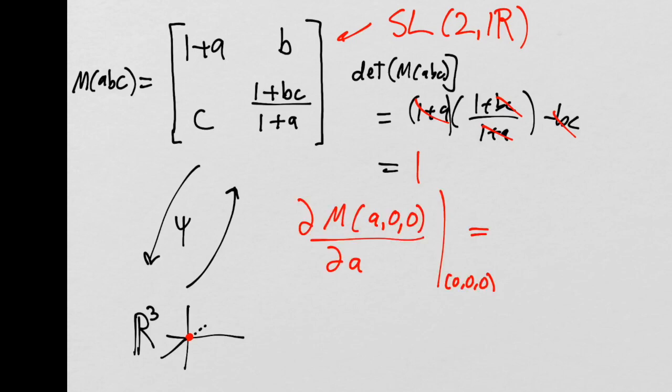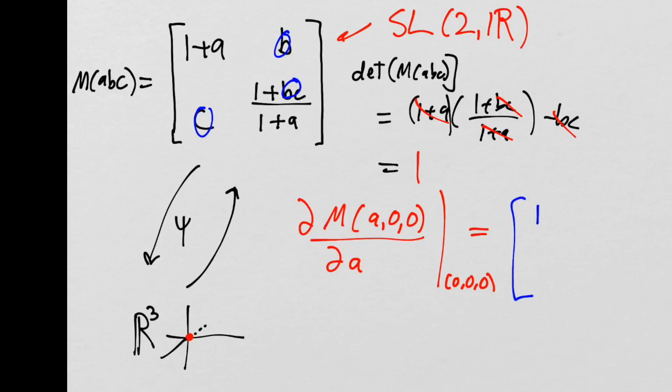This is the first calculation we need to do: the partial derivative of M with respect to the parameter A. So let's see, how do we do it? We set B to 0, C to 0, so BC is 0. The derivative of this with respect to A in that first slot is going to be 1.